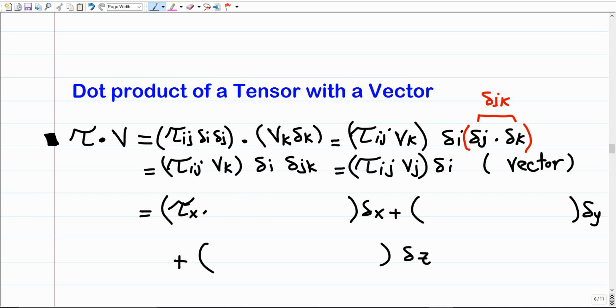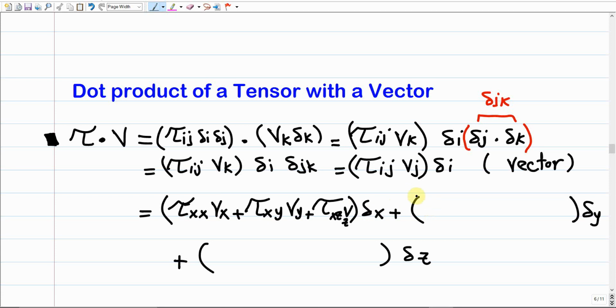J should be first x, v_x, plus tau_x, i is already x, but j now is gonna be y, v_y, plus tau, i is already x, but the j should be z, v_z. You got it? So I'm repeating the index x, y, and z over the j index, but I'm just gonna use i equals x in the first term. Why? Because the delta is already delta_x.